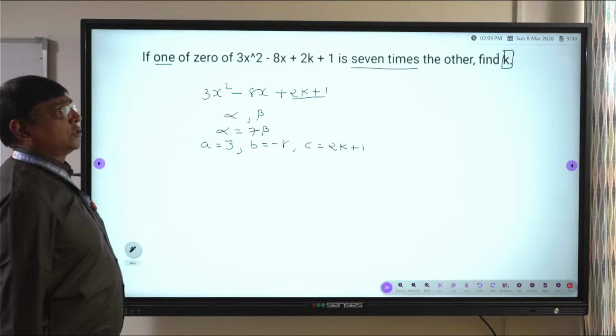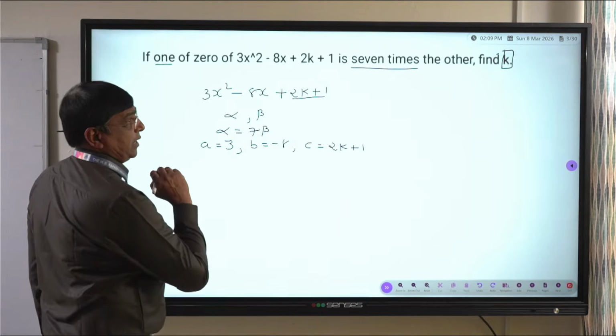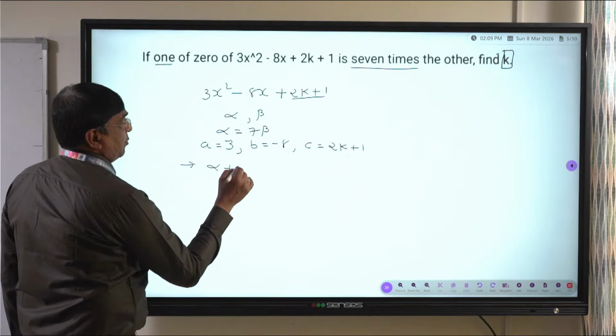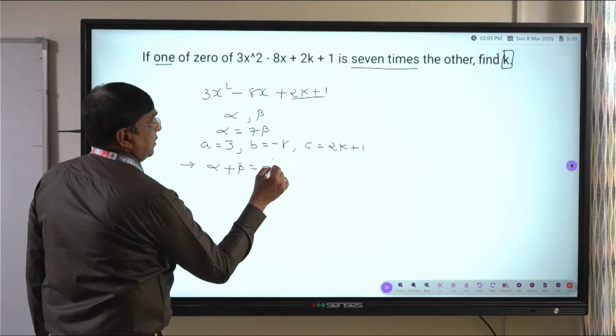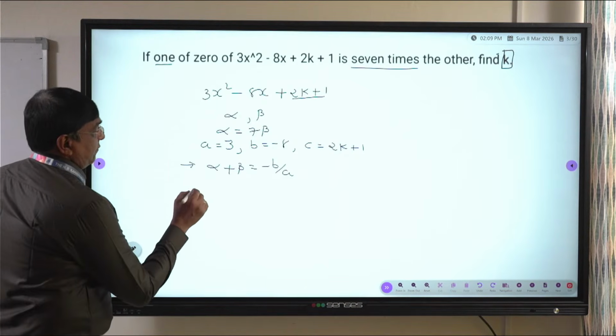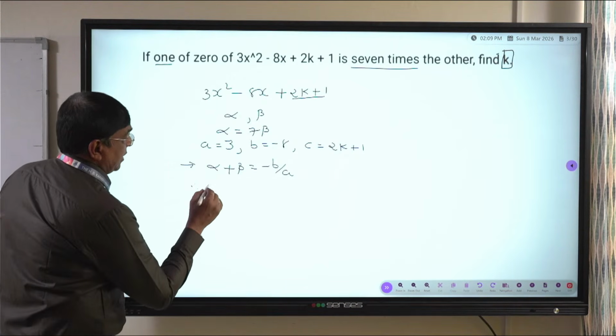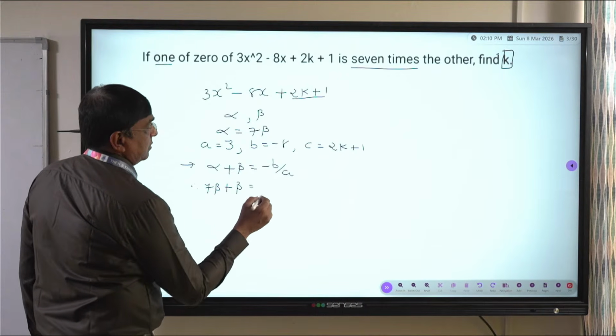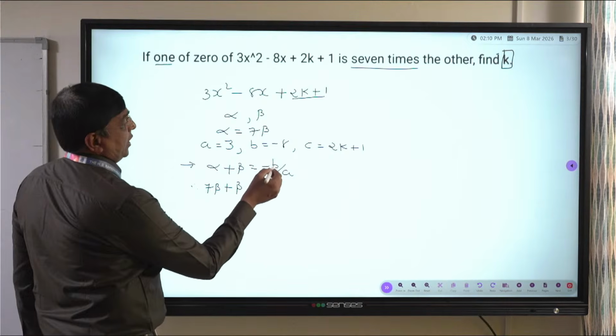Now, we also know the relation between alpha and beta in a quadratic polynomial. We know that alpha plus beta equals minus b upon a. What is alpha? It is 7 beta, plus beta, equals minus b, what is b?